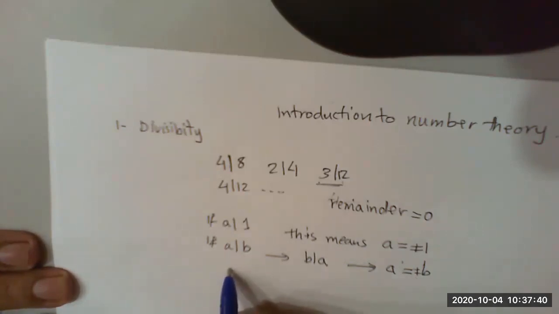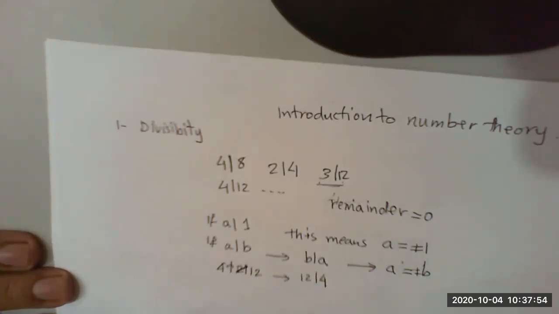For example, 4 divides 12, but I cannot say that 12 divides 4. I can say only that 4 divides 4, because if I swap the numbers, they will not work.